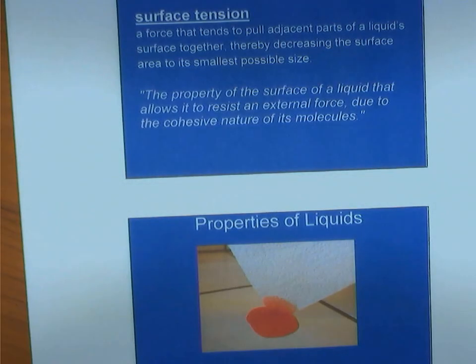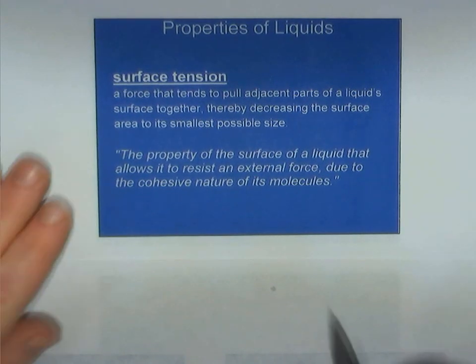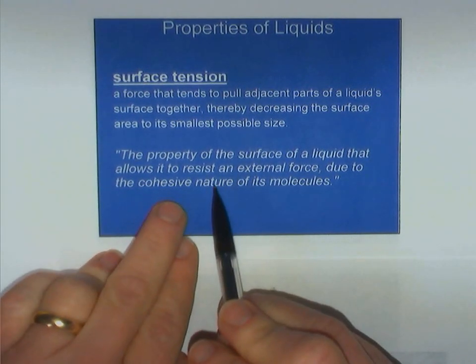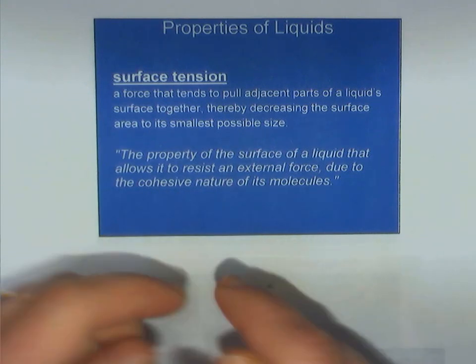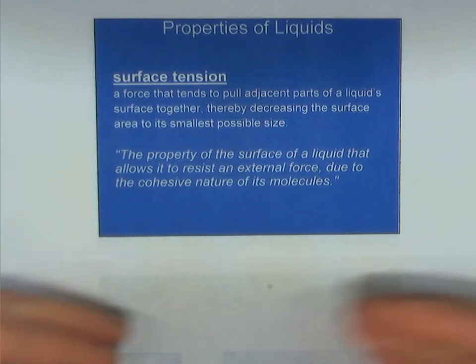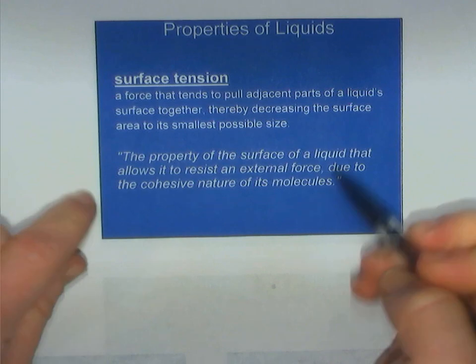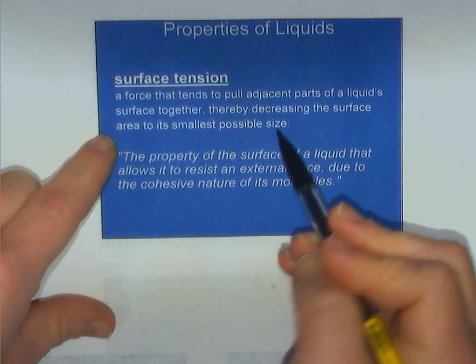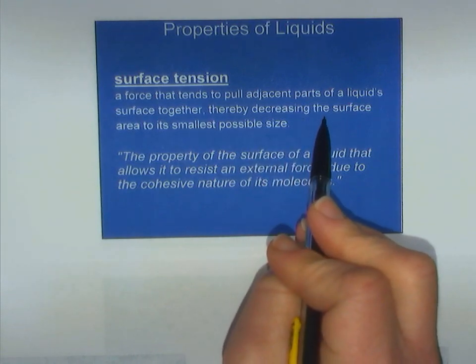There are different definitions of surface tension, but again, it's because of the cohesive particles pulling on each other at the surface. One definition I found talks about how that leads to the smallest possible surface area.